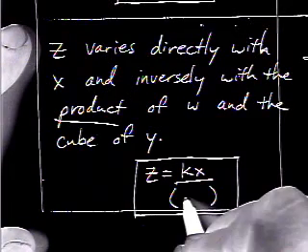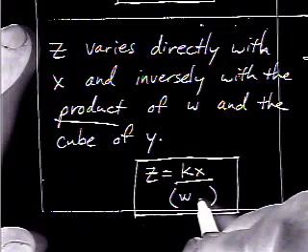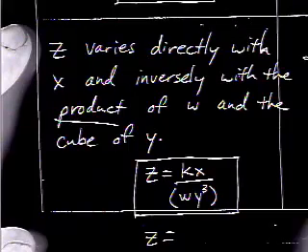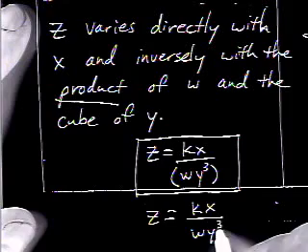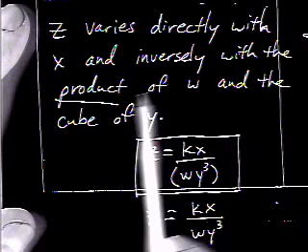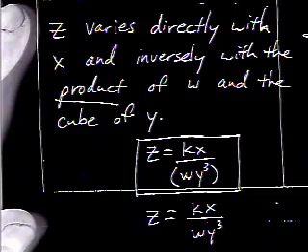Those are fairly useless, but I just want to make the point that it's one product of W and the cube of Y. So if you decided on a quiz or test to write Z equals KX over WY to the third, there's absolutely nothing wrong with that. I just want you to realize that the W and the Y to the third are being multiplied together, but they're in the denominator of the fraction, according to the language here. The product of, so it's inversely with the product. Not just inversely with one, but inversely with the product.